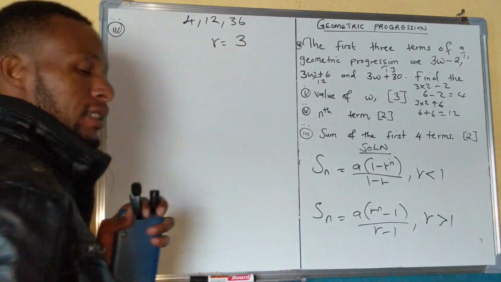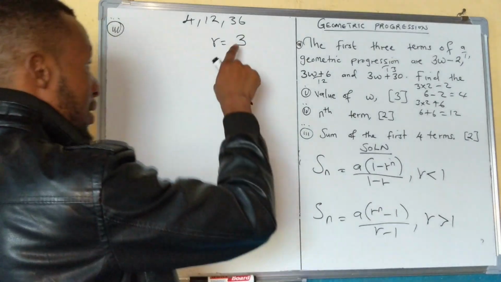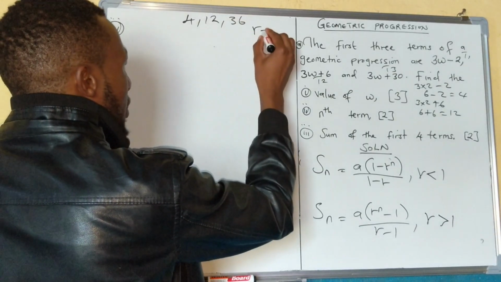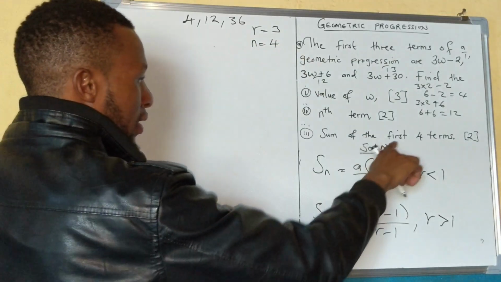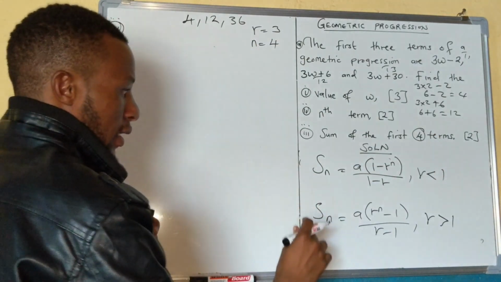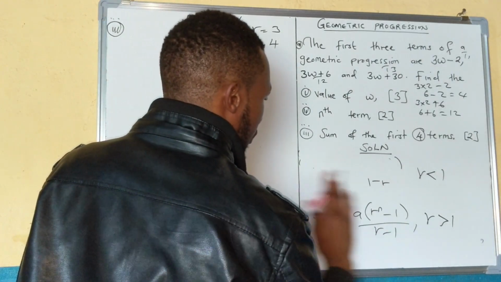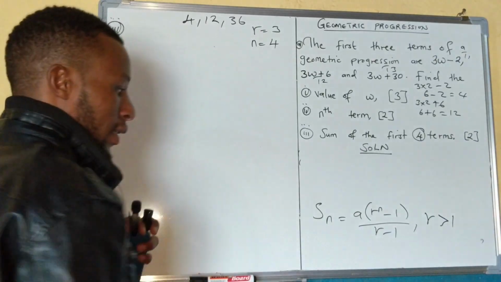So is this less than 1 or greater than 1? You would agree with me that this is greater than 1. So r is equal to 3. Then the n in this case is 4. We're finding the sum of the first 4 terms. So the formula that we're going to use is the second formula, not this one, but this one here, because r is greater than 1.